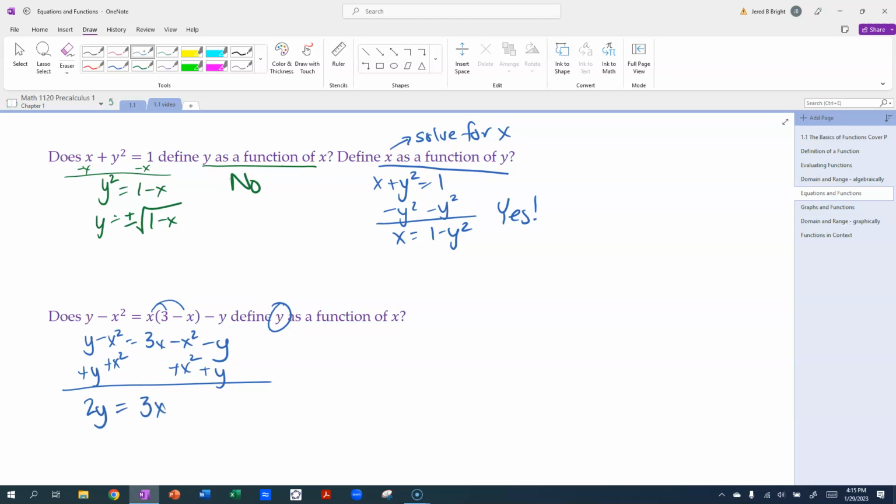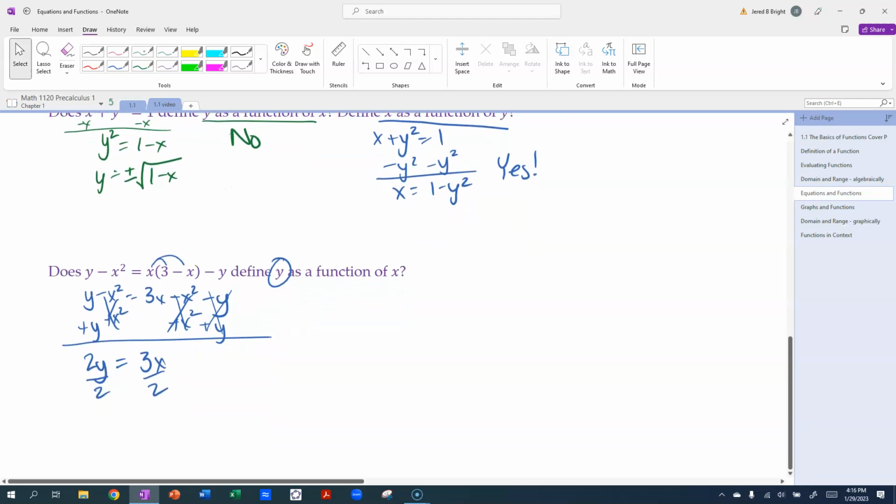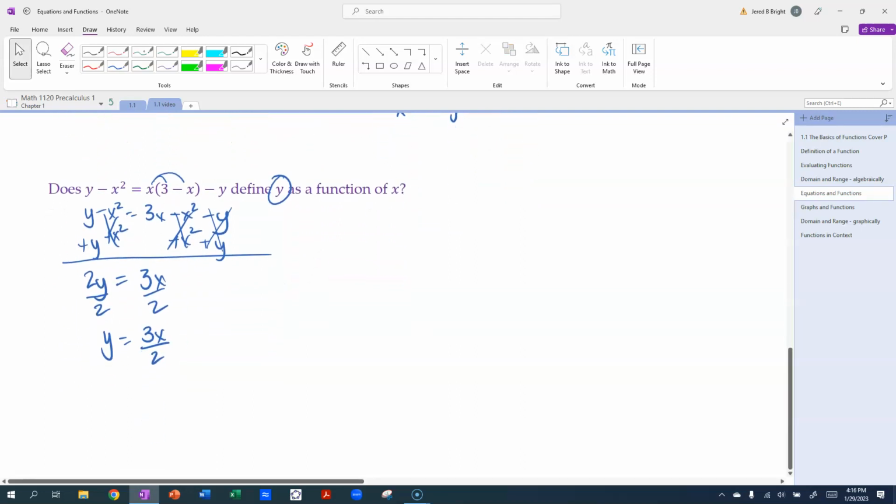Negative x squared plus x squared would cancel out. Okay, I need to completely solve for y, so divide by 2, and I just get y is equal to 3x over 2. Just a note, if you really wanted to, you could write this as 3 over 2 times x. There is multiplication, and you can rearrange it however you wish.